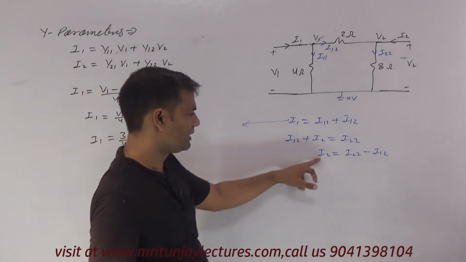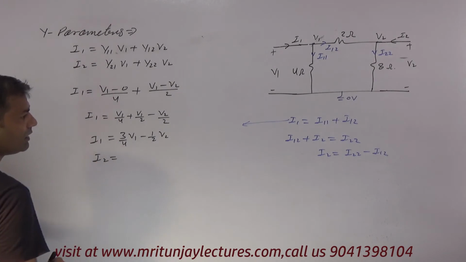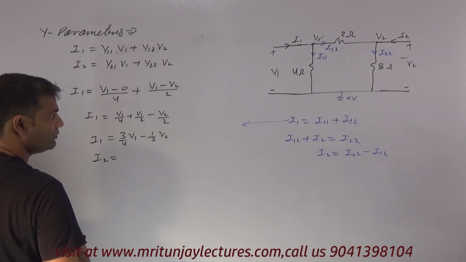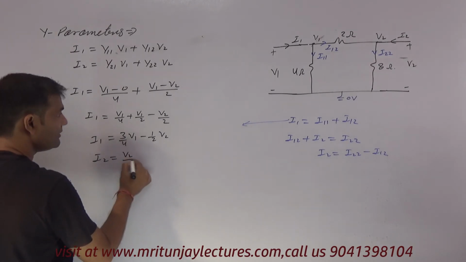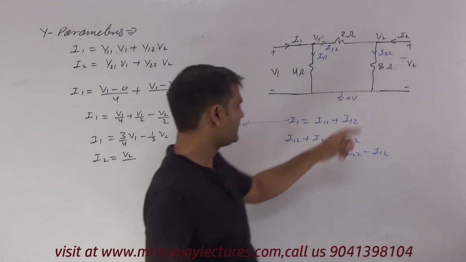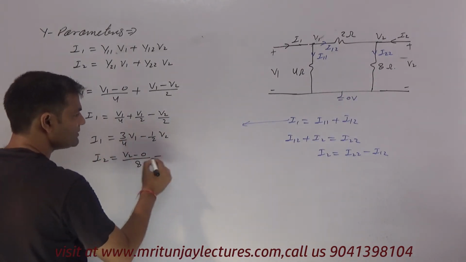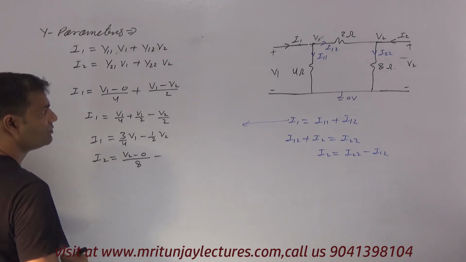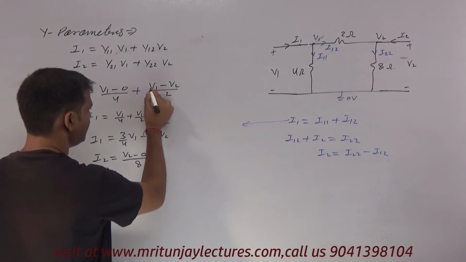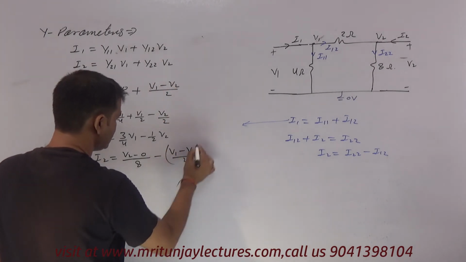Now here I2 is written as I22, which is (V2 minus 0) divided by 8, minus I12. I12 is (V1 minus V2) by 2.